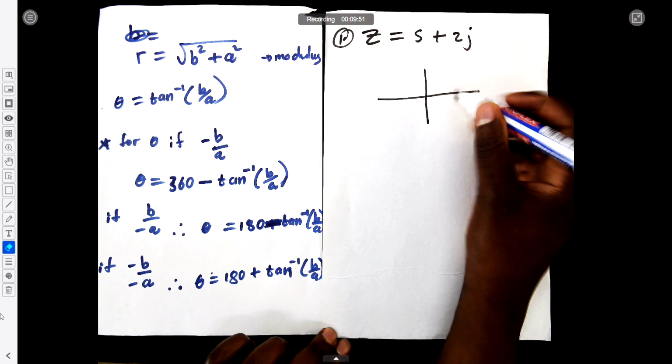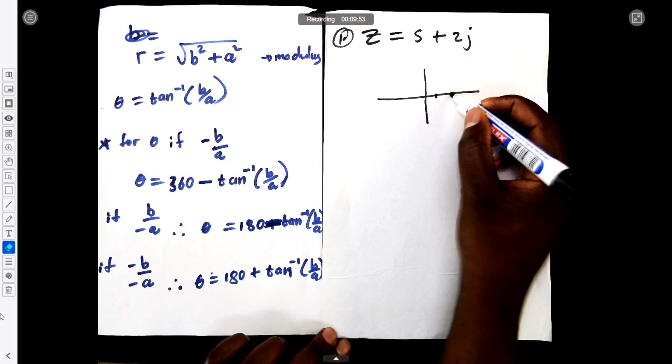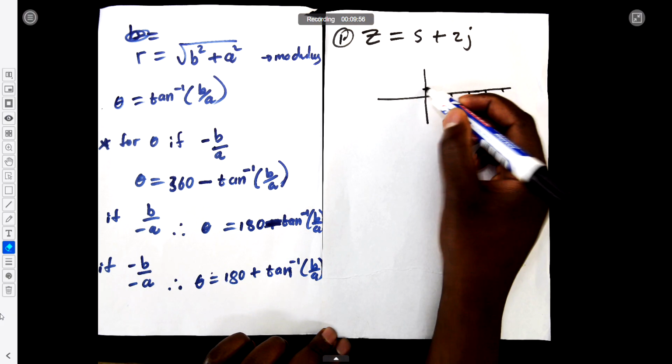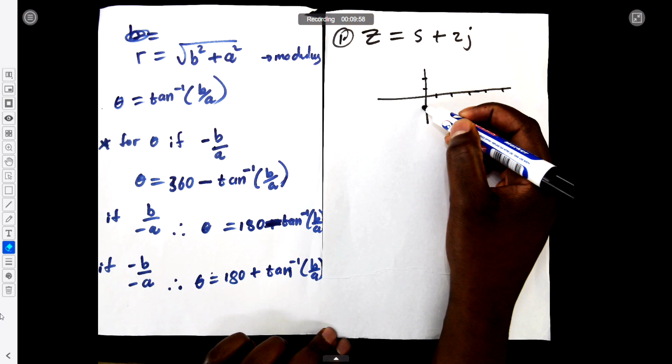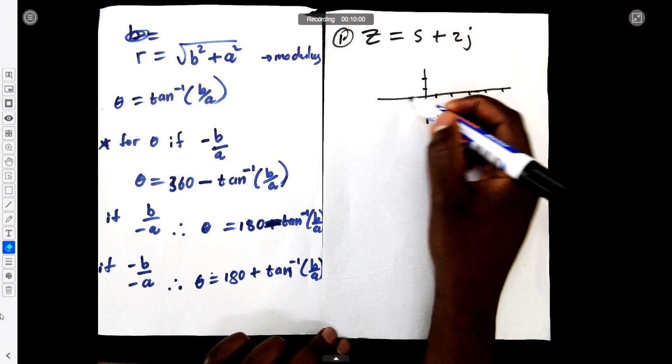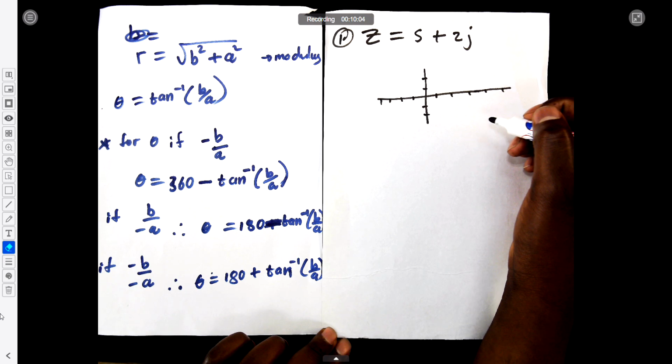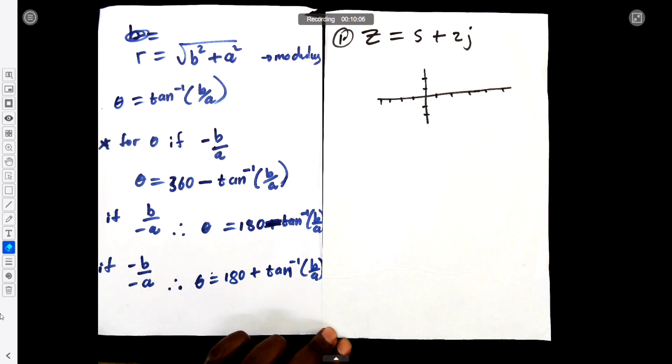For example, the real part: 1, 2, 3, 4, 5. Going up 1, 2. So the real part is 5.